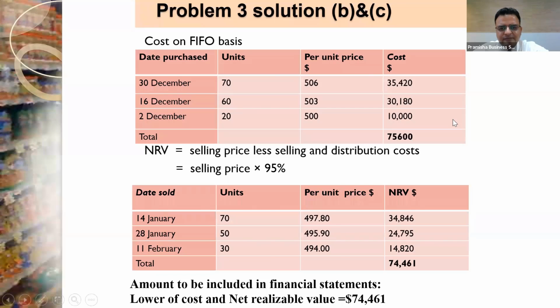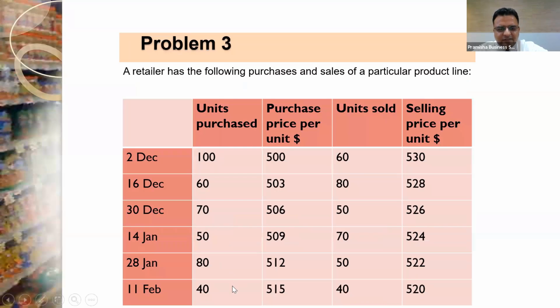I can go back. Units purchased, the cost of purchasing. Units sold, the price at which we are selling. The price at which we are selling till 31st December is of no use to us. But after 31st December, whatever price we are selling serves as a basis for estimating our selling price, estimating our net realizable value.